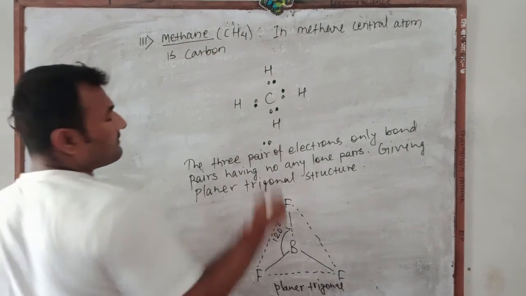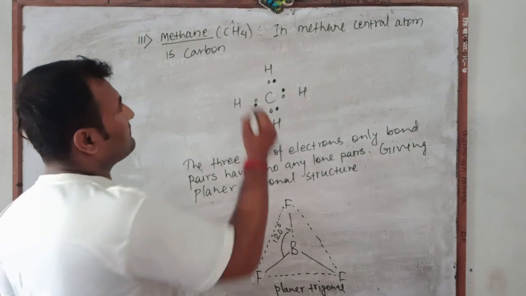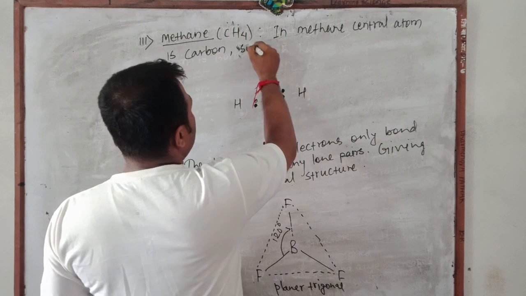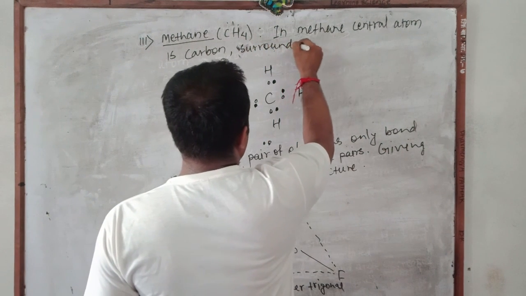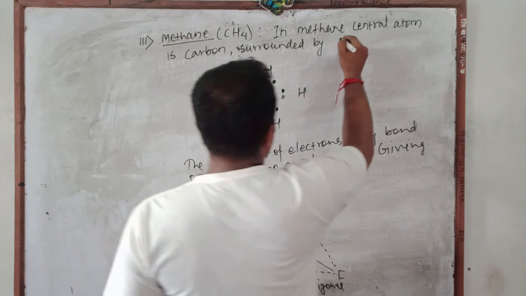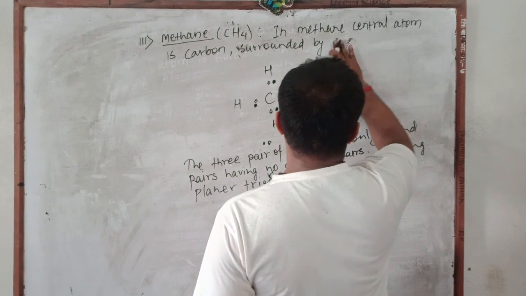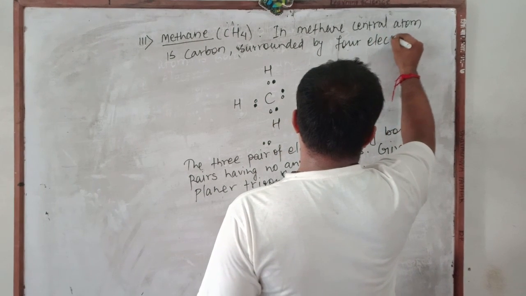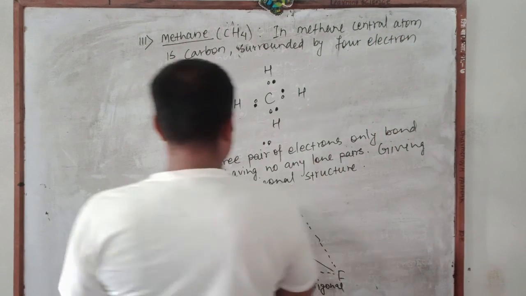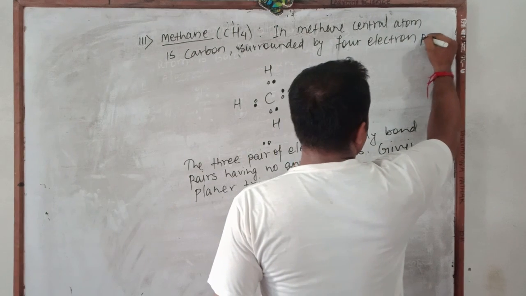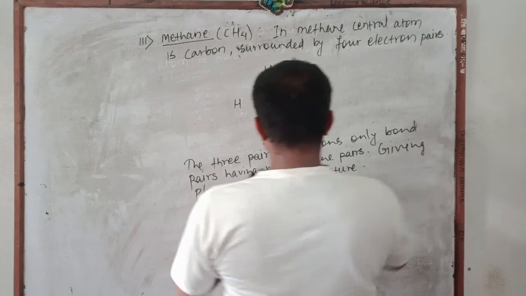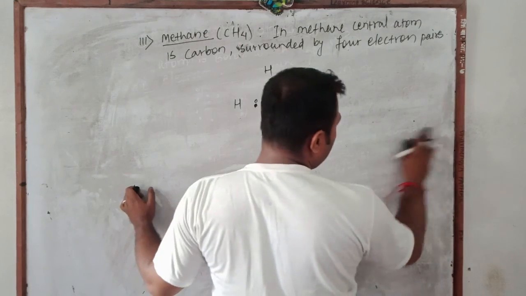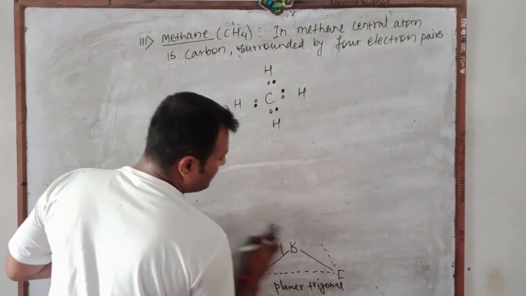Carbon, listen here. The central atom is carbon, surrounded by 4 electron pairs. There is no lone pair; only bond pairs are present around the carbon.